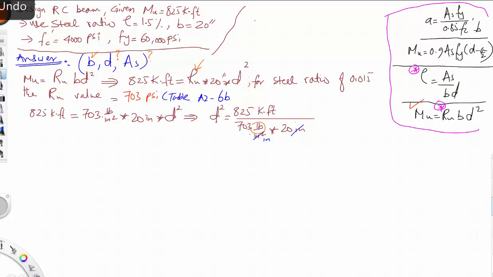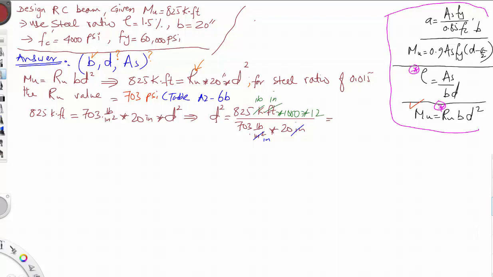So we need to keep them the same unit. I need to convert this into pound and inch. To convert this into pounds, I need to multiply by 1,000, and to convert this into inches, I need to multiply by 12.